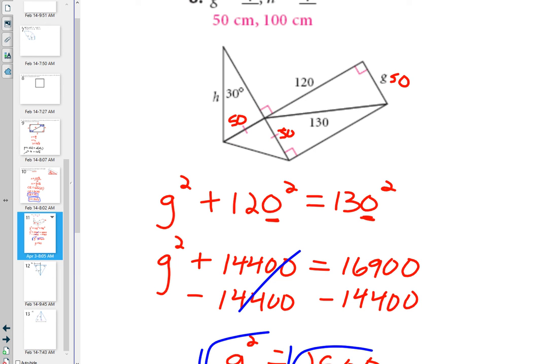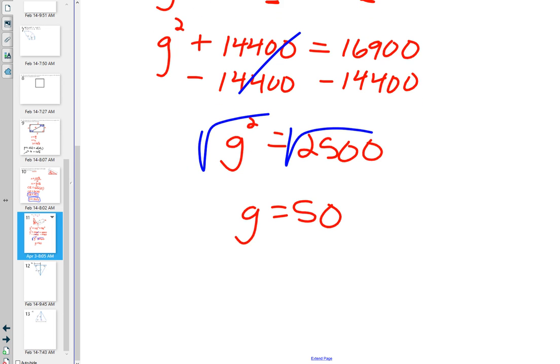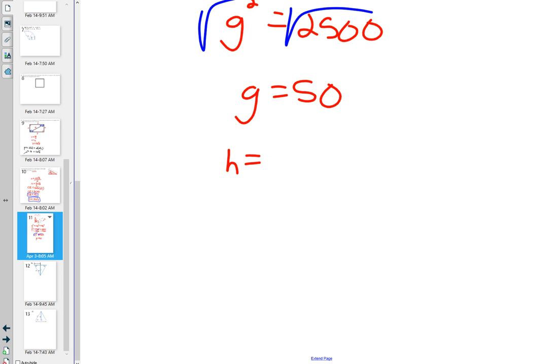On this 30, 60, 90, what leg is this acting as? It is a short leg, and it's across from the 30 degree, which is great. We love having a short leg. We want to find H. What is H? Good. How do you go from a short leg to a hypotenuse? Just times 2, sure. So 50 times 2 is 100.